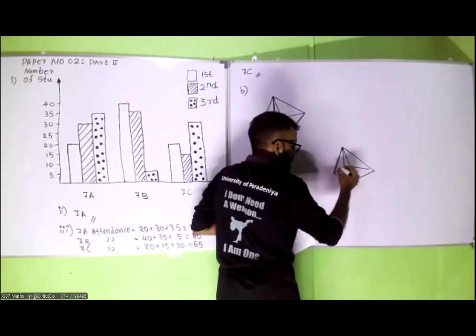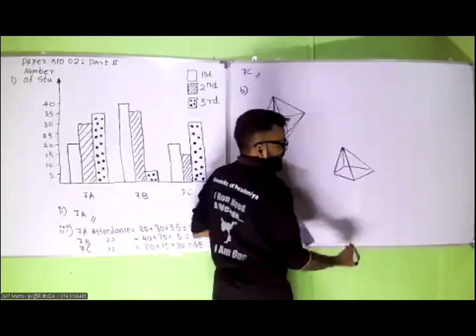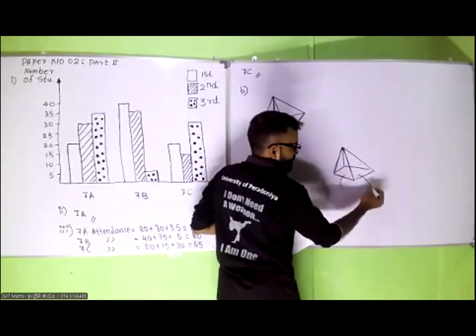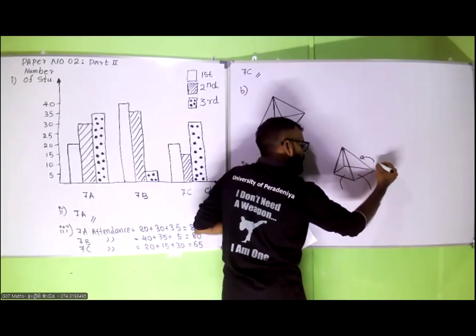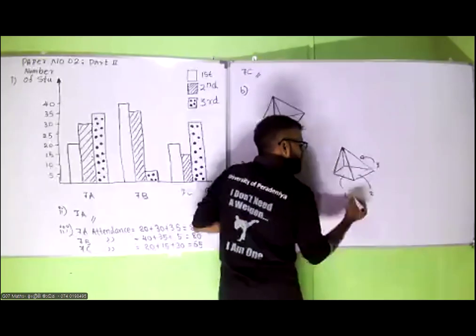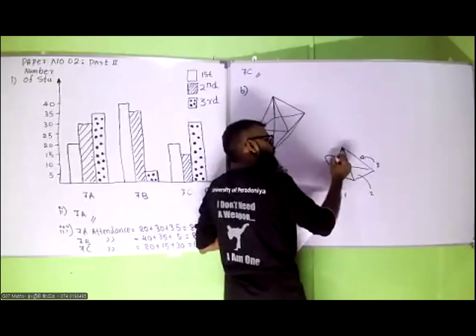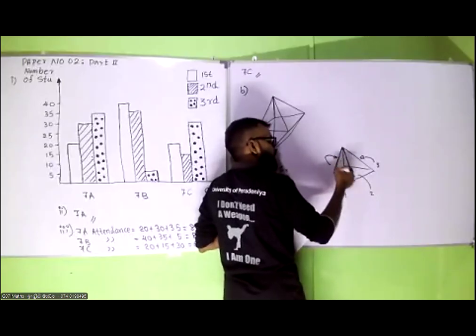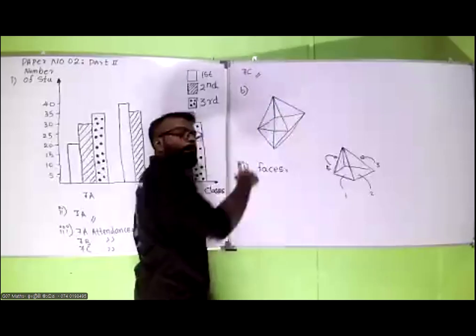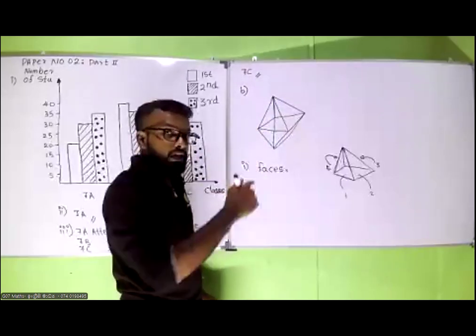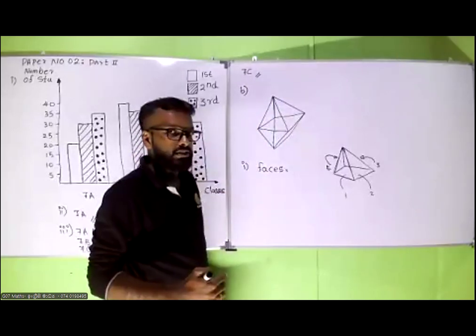This is the first triangular face. This is the second, and this is the other side. On the other side, we have another one, the third one. And by looking at this side, this is our other triangular face. 1, 2, 3, 4. Four triangular faces are there. So on the topmost pyramid, we have four triangular faces.